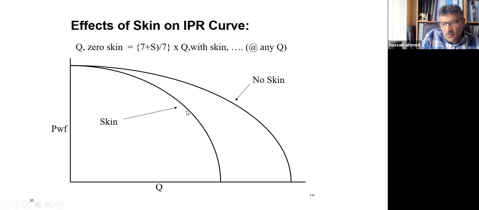The skin will reduce the productivity index. The Q over delta P will be affected. So I prefer something with no skin. Zero skin may have that kind of equation to look into.